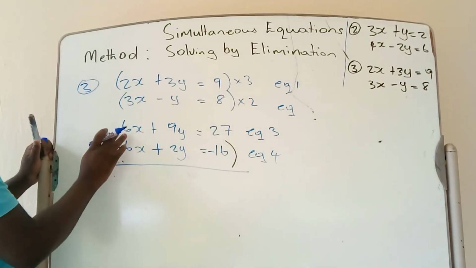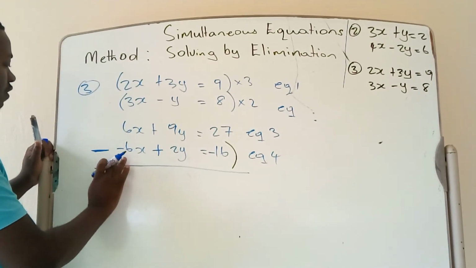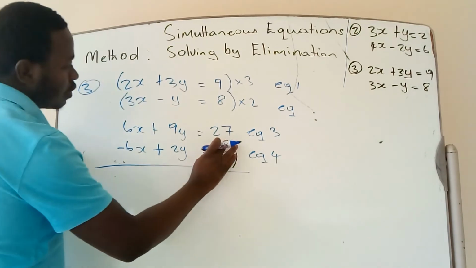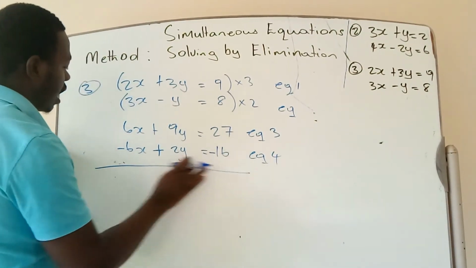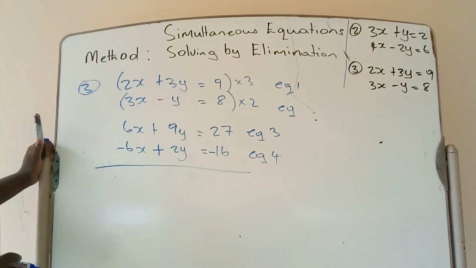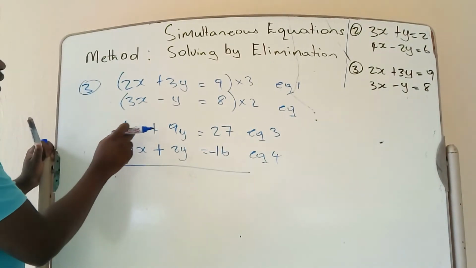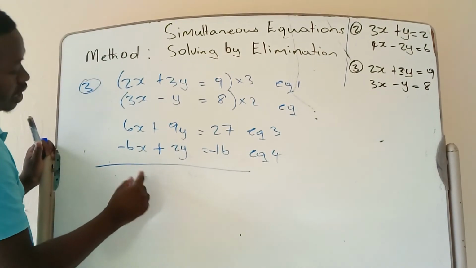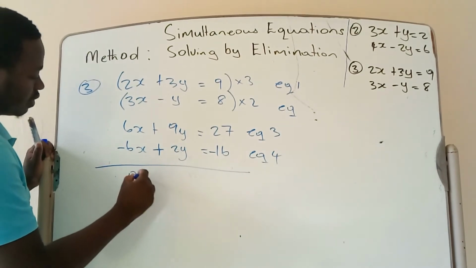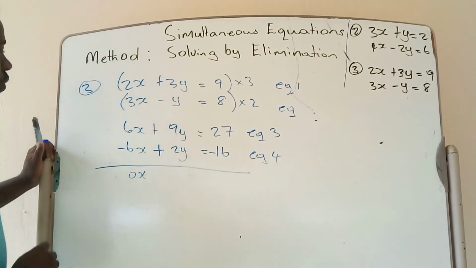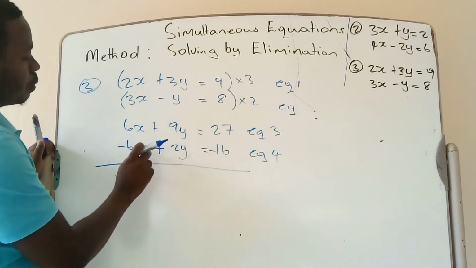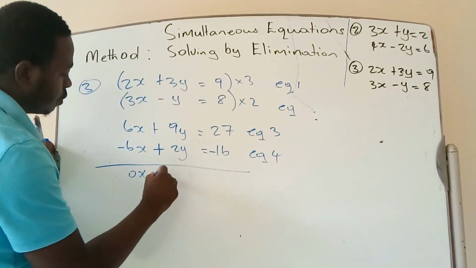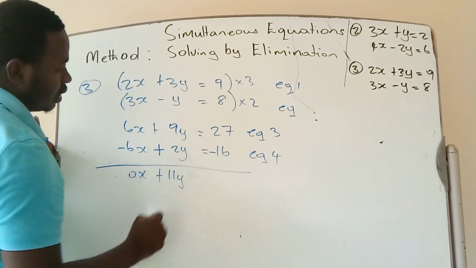Then what I can do is to erase all of this and just subtract normally. So this is saying 6x minus 6x gives me 0x. I don't need to write it, but let me just write it for the fun of it. 0x. Now 9y plus 2y gives me plus 11y.